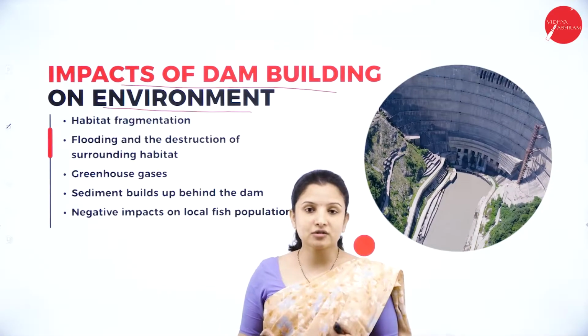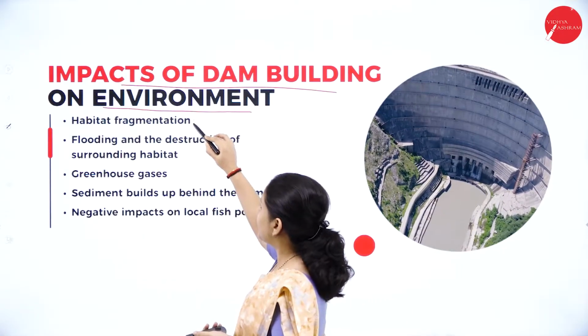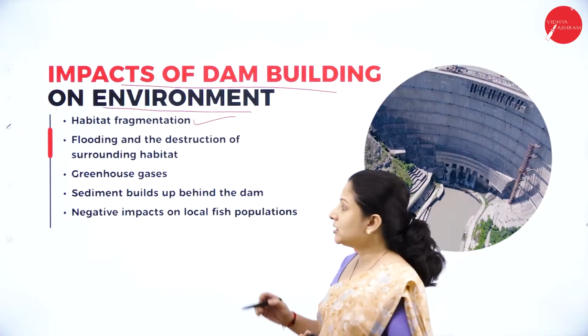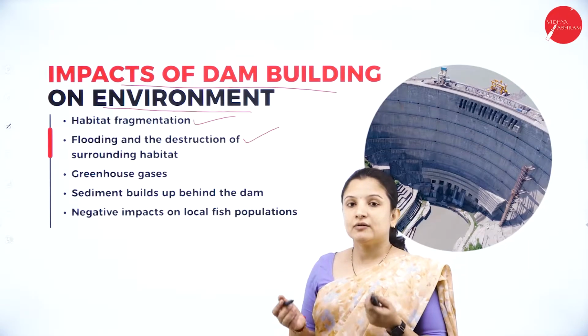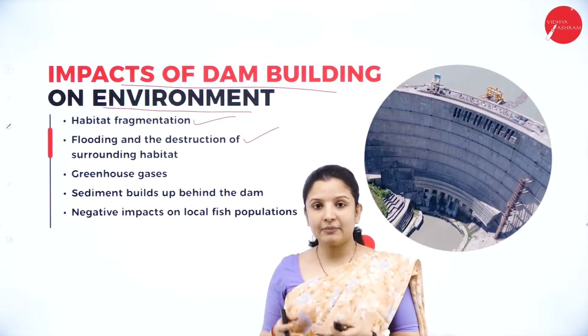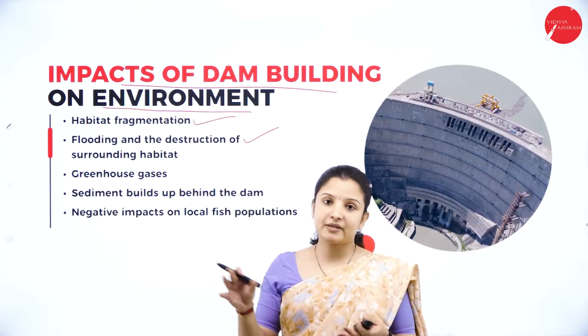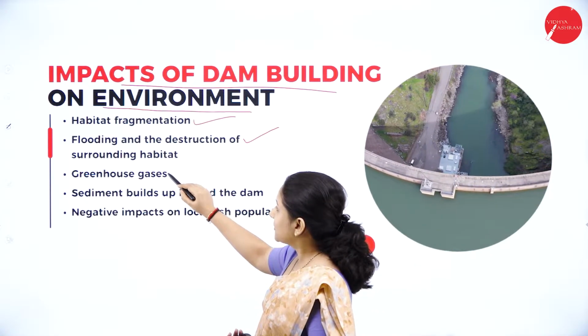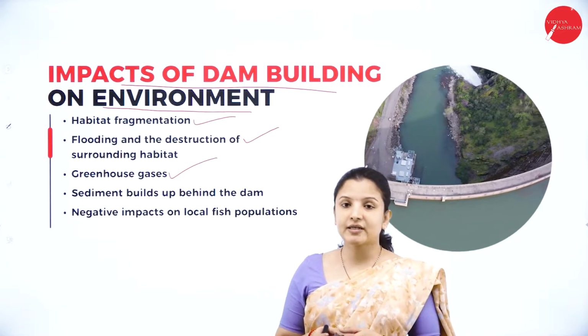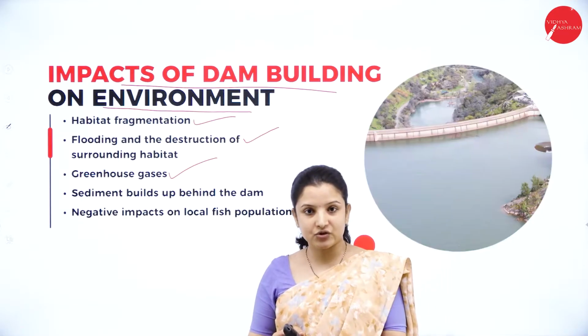First, because of the construction of a dam, habitat fragmentation will occur, along with flooding and destruction of the surrounding habitat. That is, wherever a dam is built on a river, the surrounding habitat will get flooded and destroyed. Next, greenhouse gases will increase because the flooding will kill the trees.